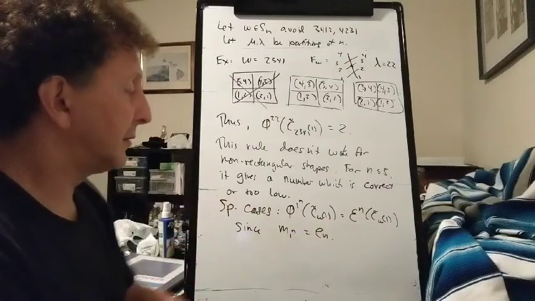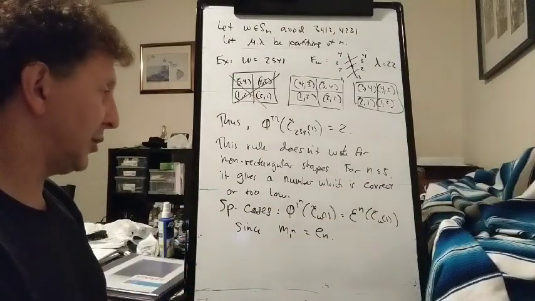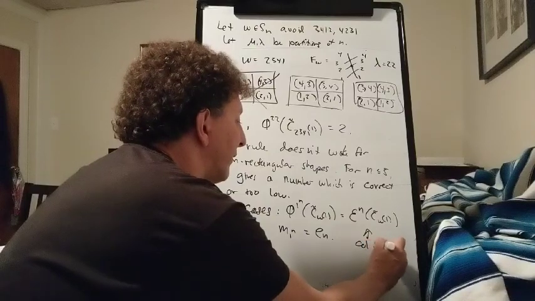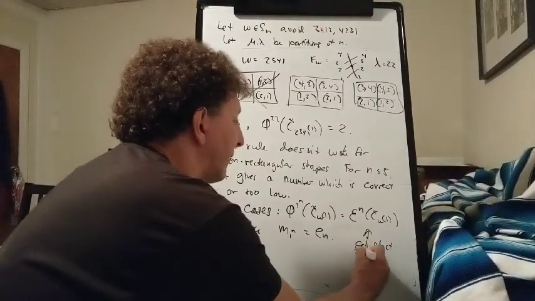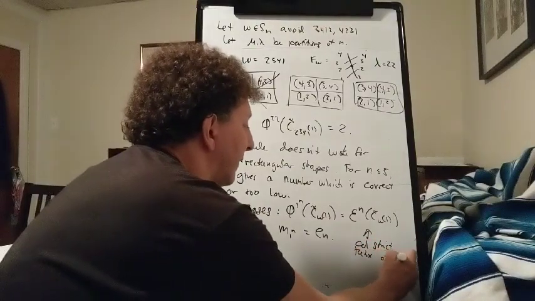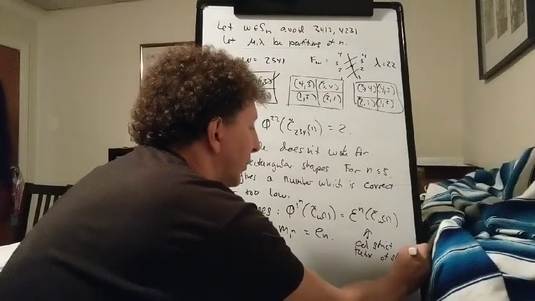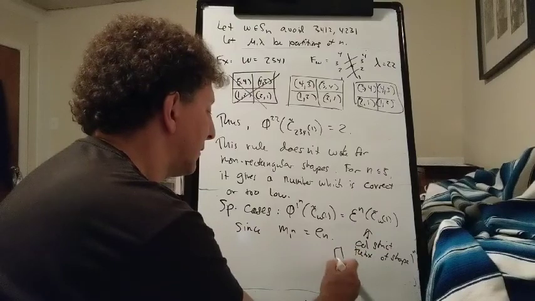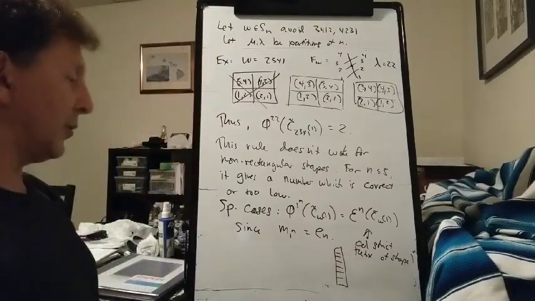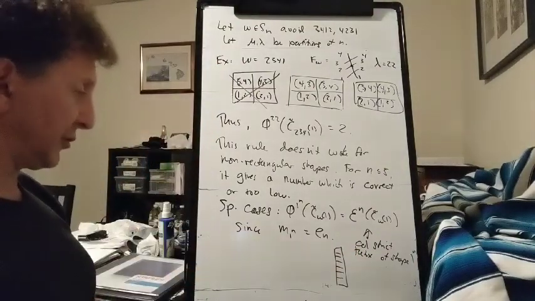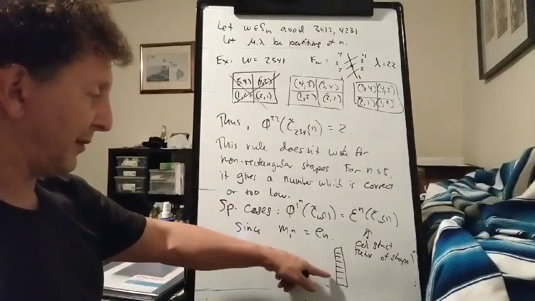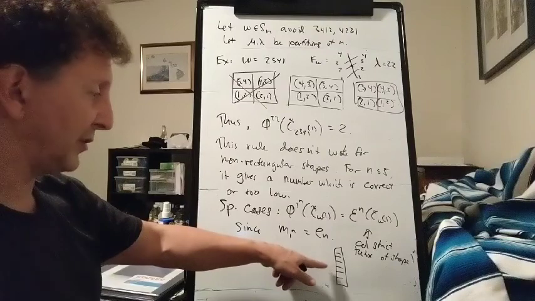And this counts column strict tableaux of shape 1^n. So these are automatically going to be cylindrical because every path, the path in position i, is going to start at source i and end at sink i.